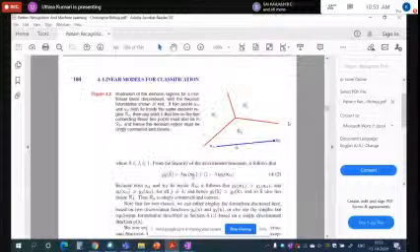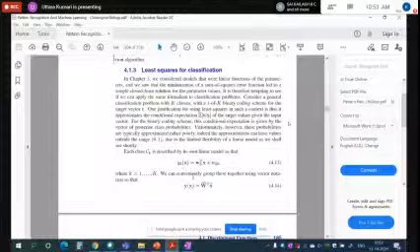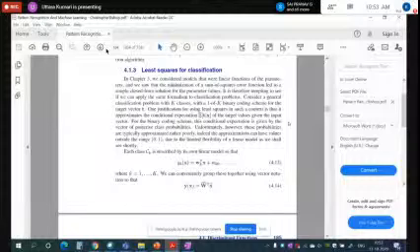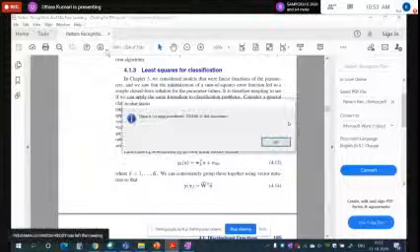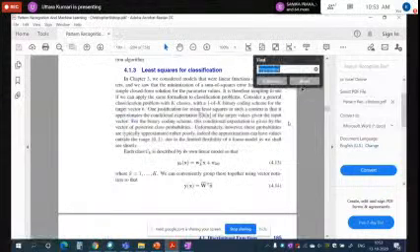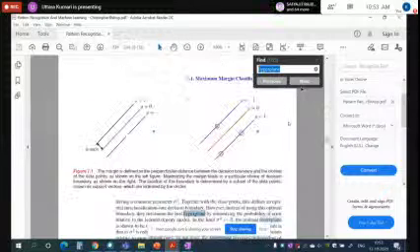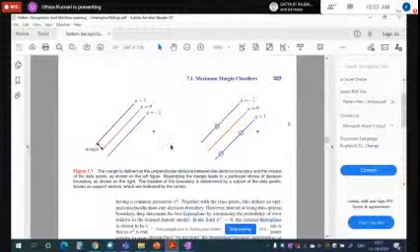Some part of the concept I will take as a linear classifier, and directly I will go to the 7th chapter. I think the 7th chapter is around 700 pages. So directly I'll go to this particular one.